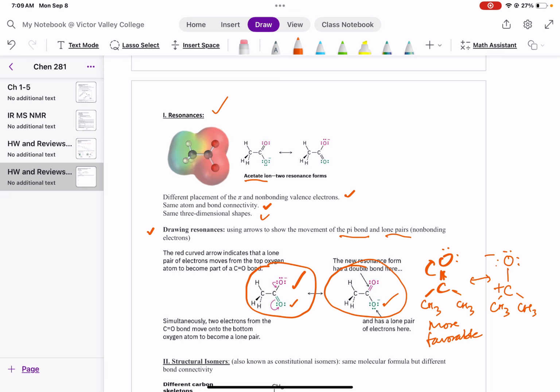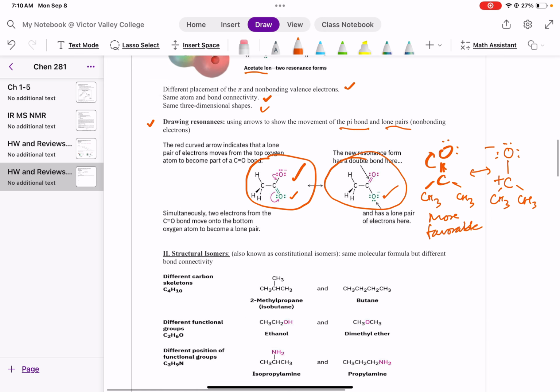It satisfies the octet rule. The other one, carbon positive, does not satisfy the octet rule. And there are charges, so it's not as stable as the one on your left. So that happens when you have multiple resonances, and one is more stable than the others.